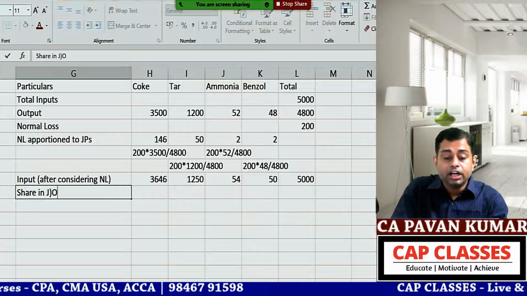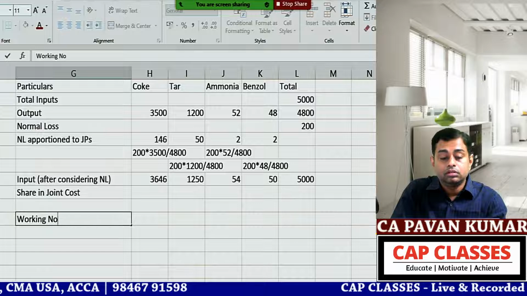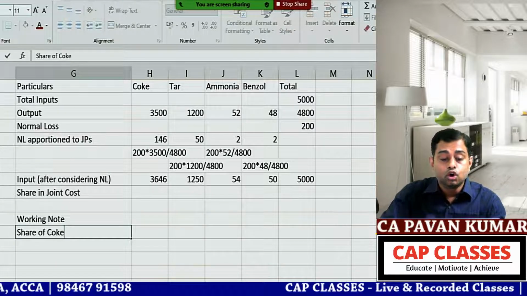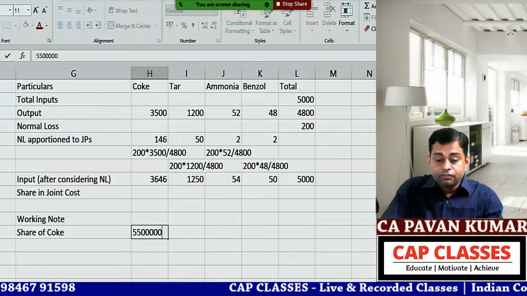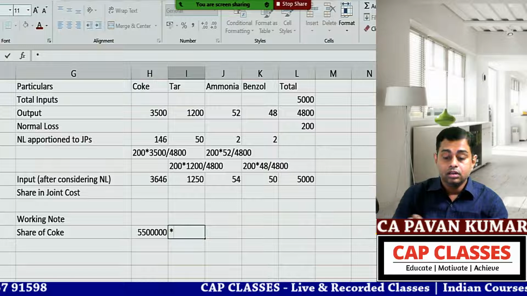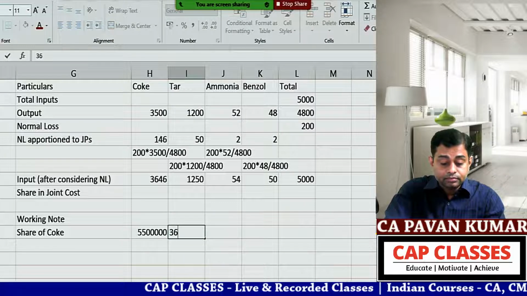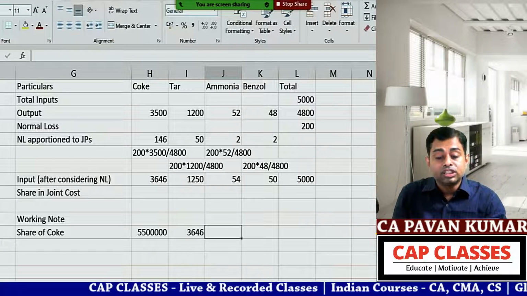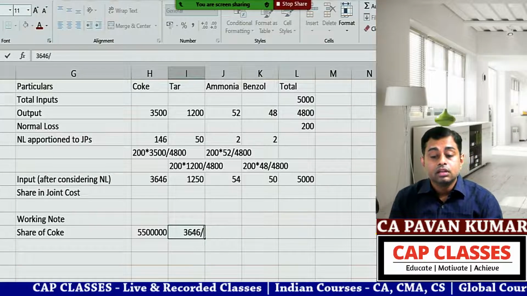Share in joint cost. Working note. Share of coke. So can I say 55 lakhs into what is the ratio? 3,646 divided by 5,000.